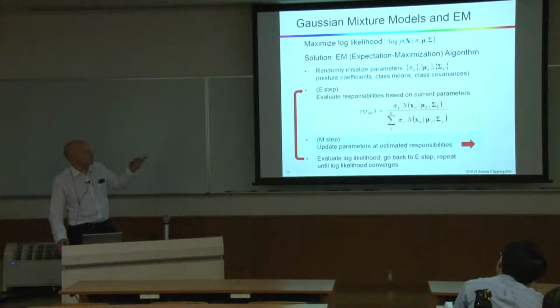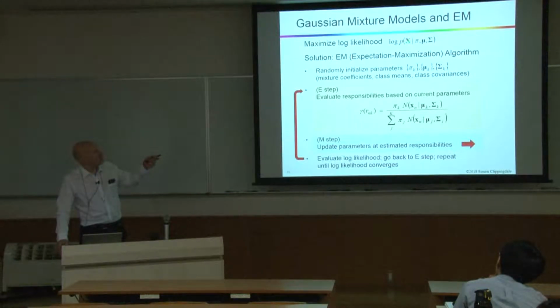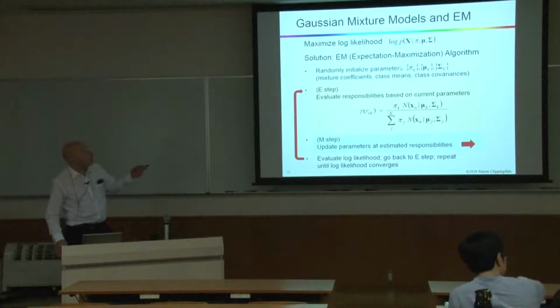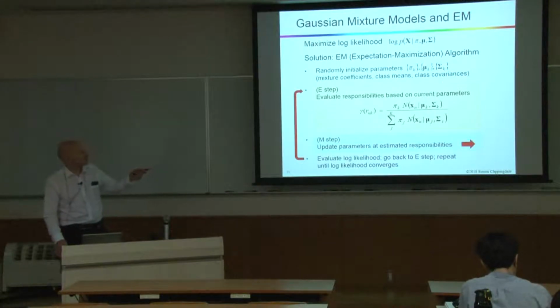This probability here is the so-called likelihood, which is the conditional probability of all the data, this capital X here means the whole data set. We're trying to maximize the probability of that whole data set conditioned on the set of class mixture weights, class means and class covariances. And the way that the algorithm works, first you randomly initialize all your parameters: mixture coefficients, class means and class covariances.